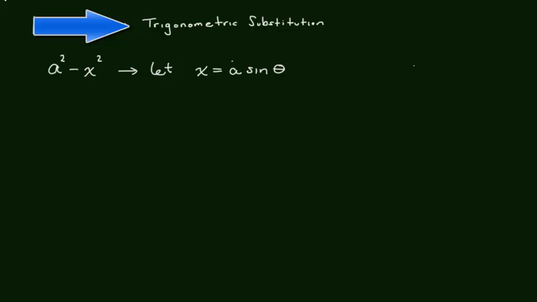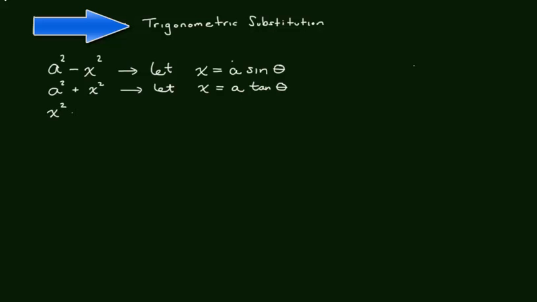If you see the expression a squared plus x squared, then you will let x equal a tangent of theta. So theta is just a temporary placeholder, and you'll see how that works momentarily here.